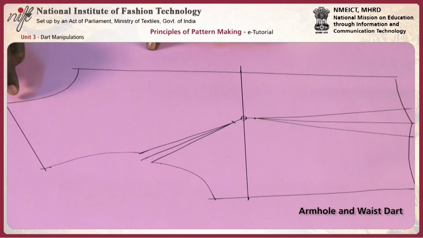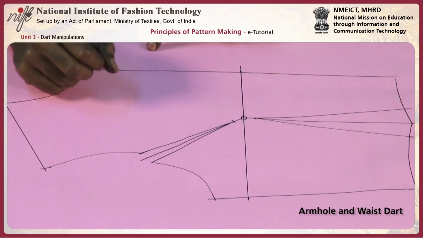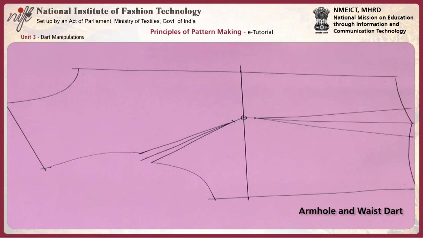Then cut all the lines except where the dart is. If you have a dart, allow 1 inch extra. We have to true and cut.